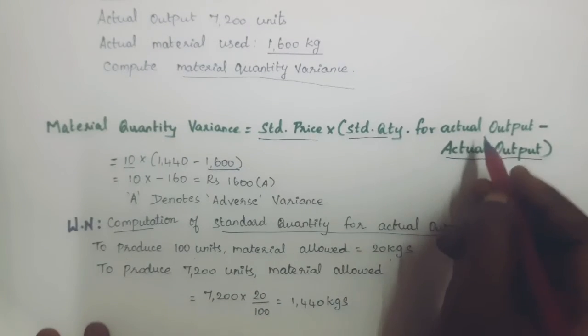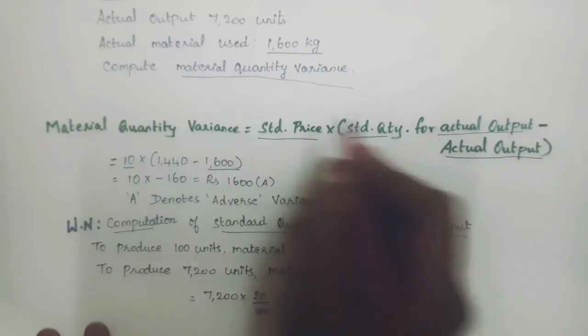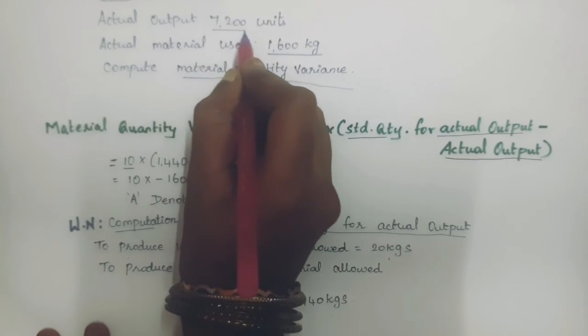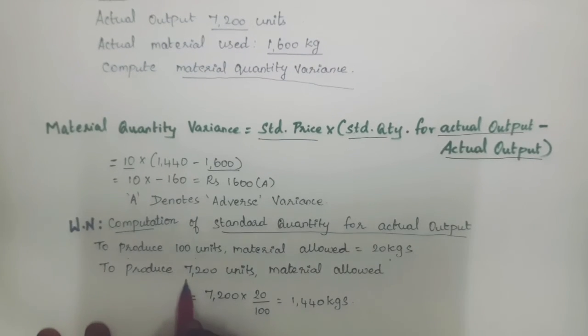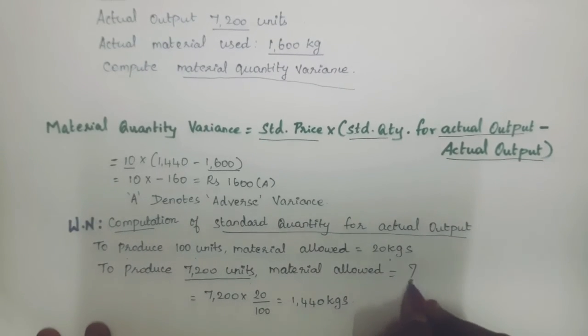But what is the requirement for actual output? For actual output it is 7200 units. So you are going to produce 7200 units, and we just compute what the material allowed is.